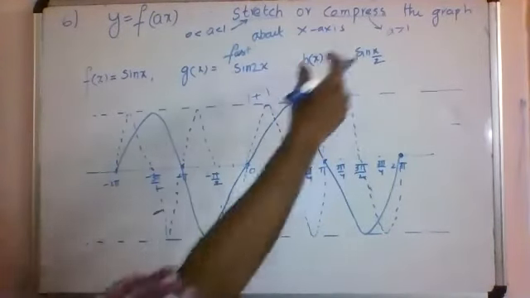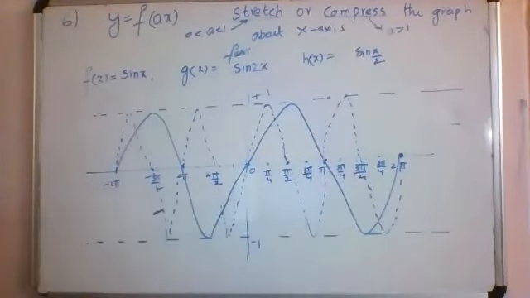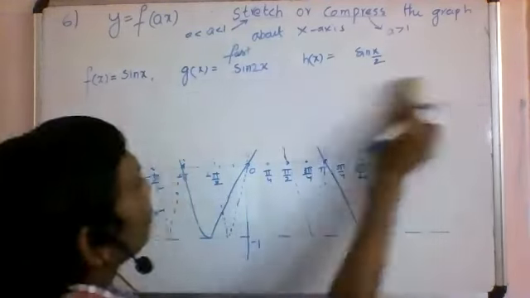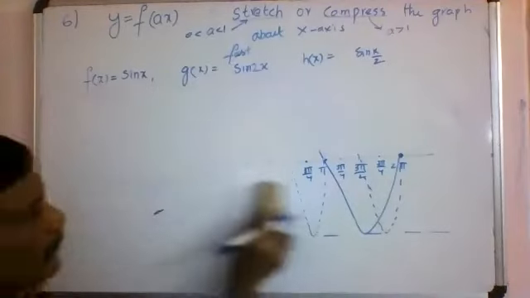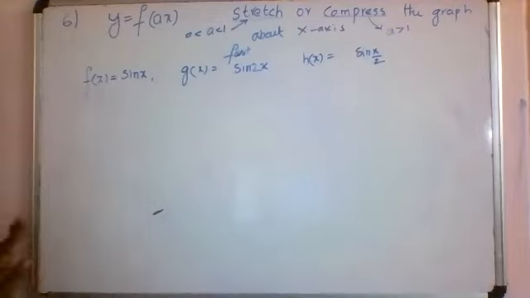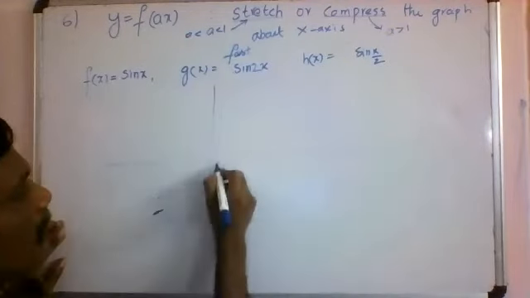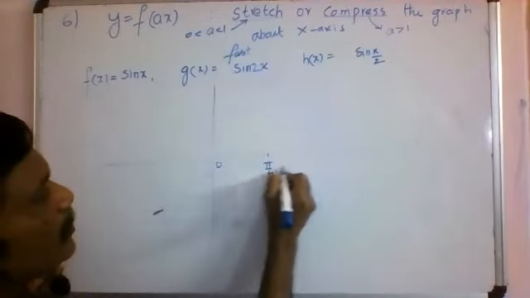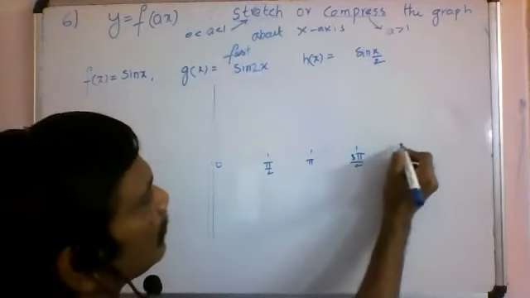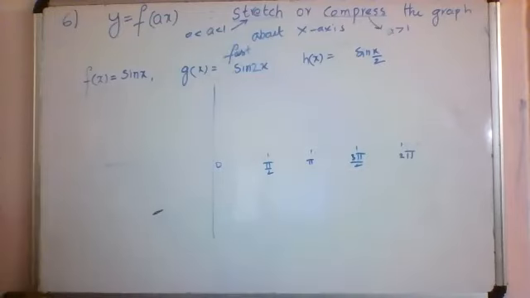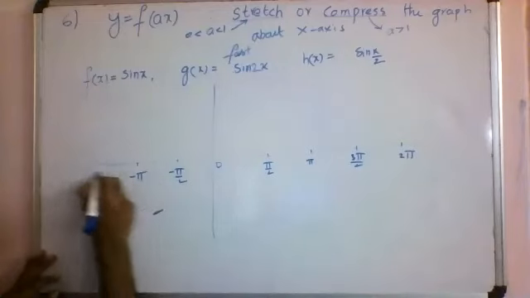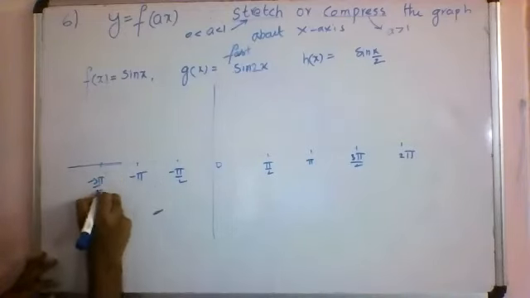So for sin x by 2, we draw one more graph. Zero, pi by 2, pi, 3 pi by 2, 2 pi, and minus pi by 2, minus pi, minus 3 pi by 2.